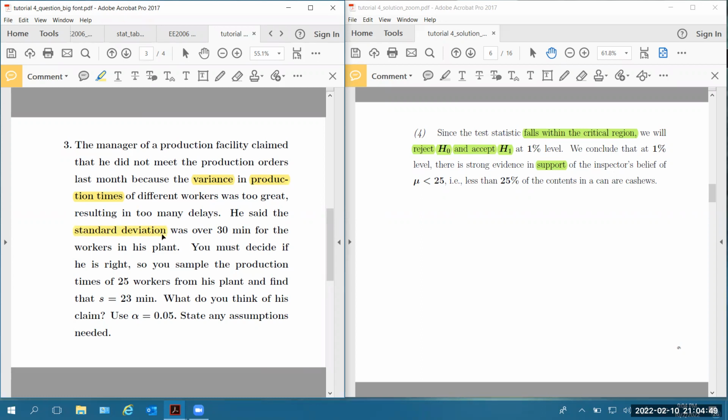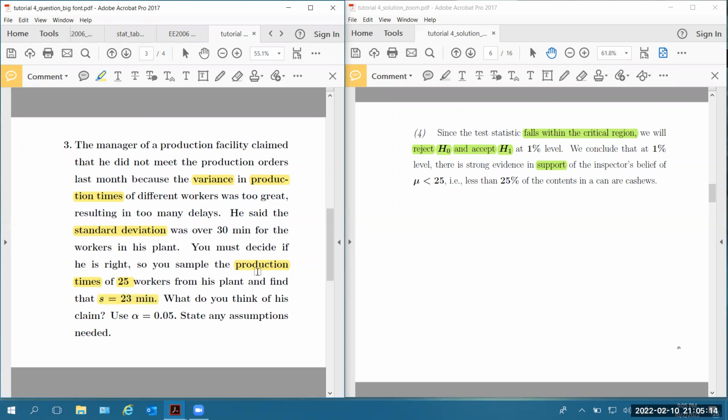Unfortunately, they didn't say standard deviation of what. You must decide if he's right, so you sample the production times of 25 workers from his plant, and you find that S is this.